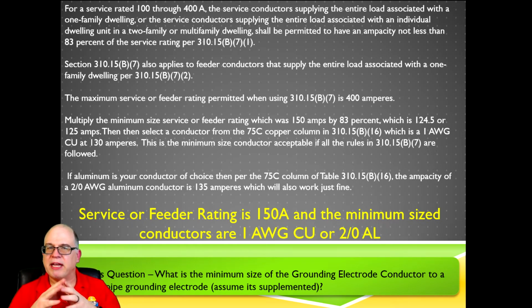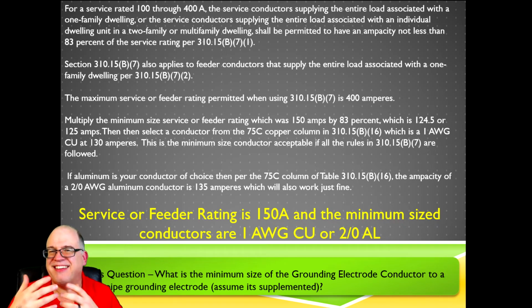So when I want the best possible size on an exam, I'm going to remember that 310.15(B)(7) exists, but I have to meet the parameters. It has to fall between 100 and 400 amperes. It's perfectly fine to use for single family dwellings, for individual dwelling units.